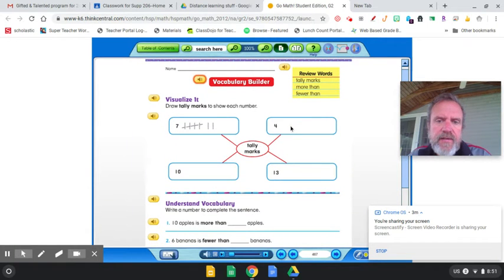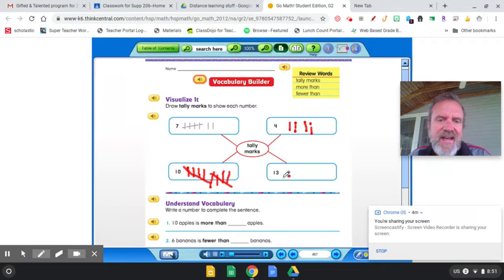Draw tally marks 1, 2, 3, 4. Now with this one, we would do something that looked like this. I'll help you on this one. So this one we had 1, 2, 3, 4. On 10, we would do 1, 2, 3, 4, 5, 1, 2, 3, 4, 5.